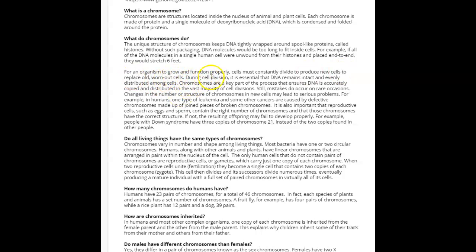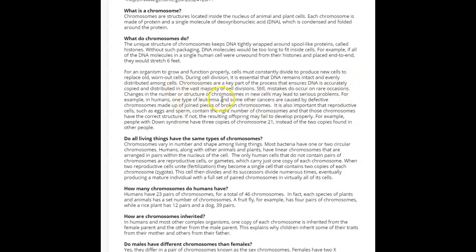During cell division, it is essential that DNA remains intact and evenly distributed among cells. Chromosomes are a key part of the process that ensures DNA is accurately copied and distributed in the vast majority of cell divisions. Still, mistakes do occur on rare occasions.